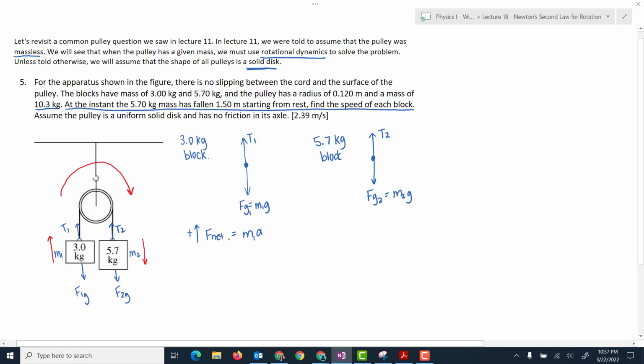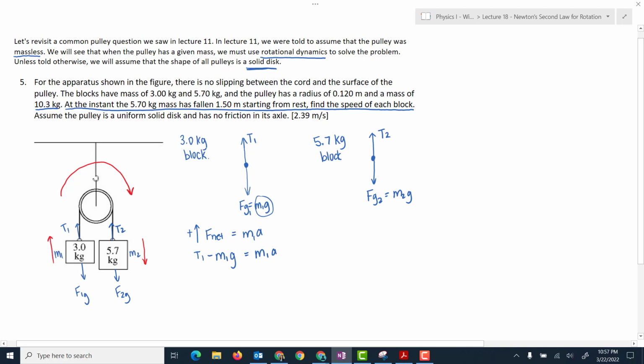What is F net for this free body diagram? If up is positive, T1 is the positive force because it's going in the positive direction, up. And then m1g, which is Fg1, is going in the negative direction, so it would be minus m1g. And all of that is equal to m1a.